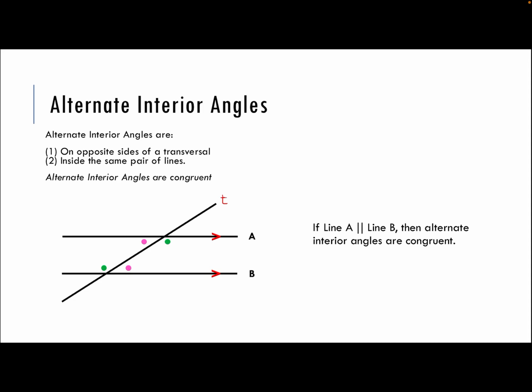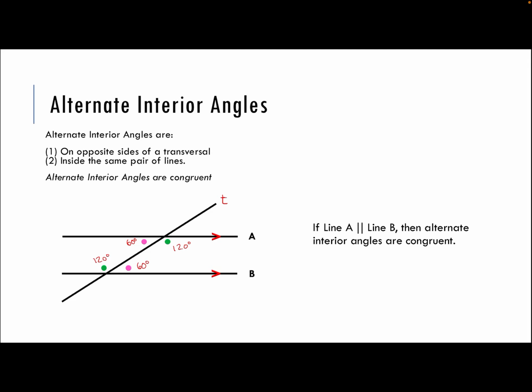I'm sorry. And alternate interior angles are going to be congruent, meaning that if you know the value of one alternate interior angle, you know the value of the other. For instance, if this angle was 120 degrees, you know that the other green angle is 120 degrees. And if this angle were 60 degrees, then this other angle would have to be 60 degrees as well, because alternate interior angles are congruent.